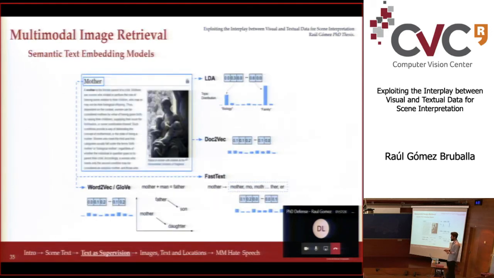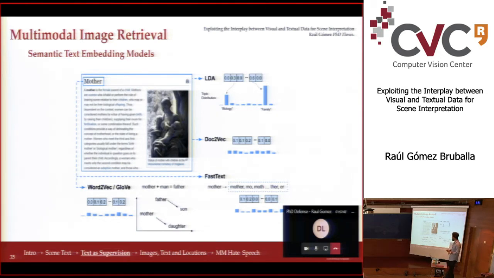So in this chapter, I'm going to use semantic text embedding models. And we are going to experiment with text representation models oriented to learning representations of long text, such as LDA and Doc2Vec, and also with word-level representation methods, such as Word2Vec, GloVe, or FastText.